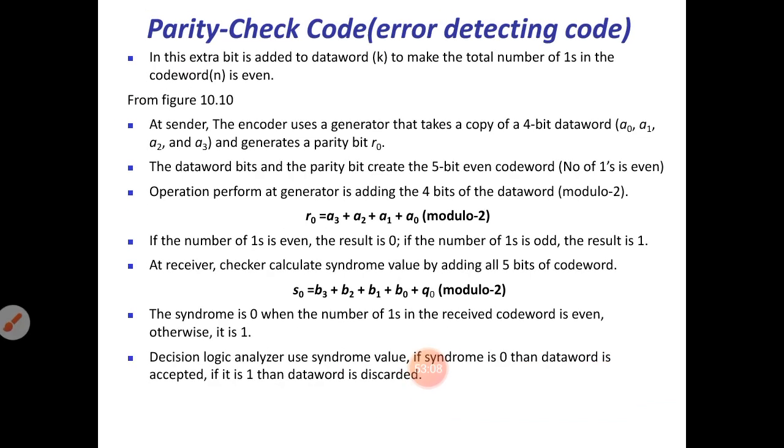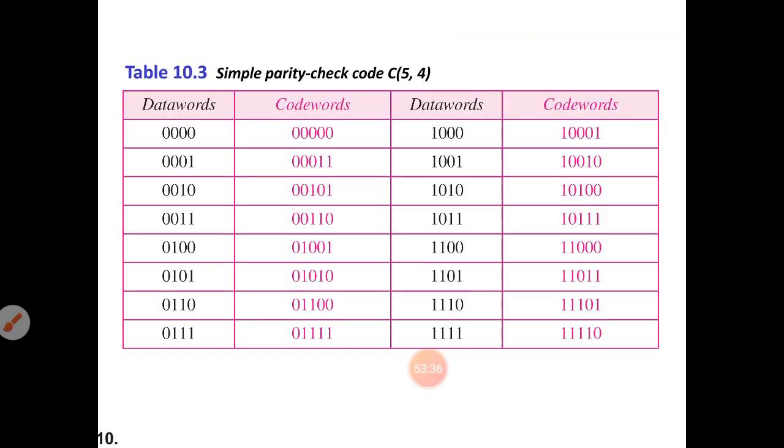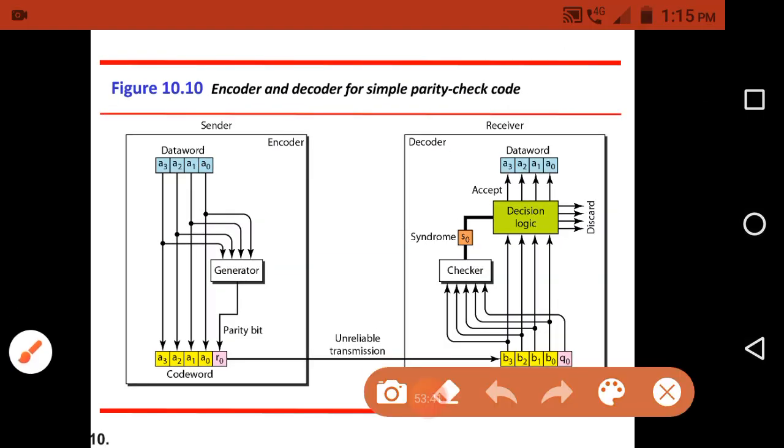Before going to that diagram, we'll take the first two points. First, at the sender side the encoder uses a generator that takes a copy of the 4-bit data word and generates the parity bit r0.